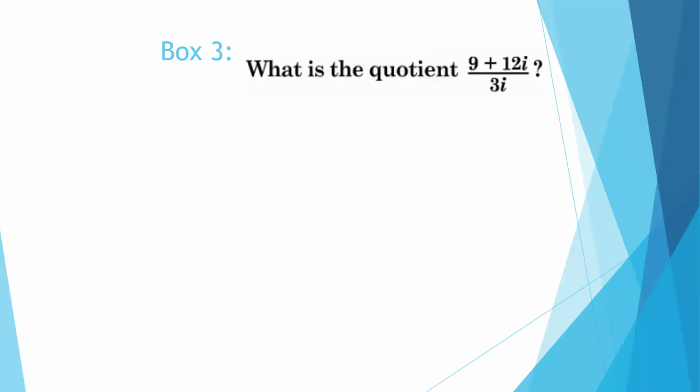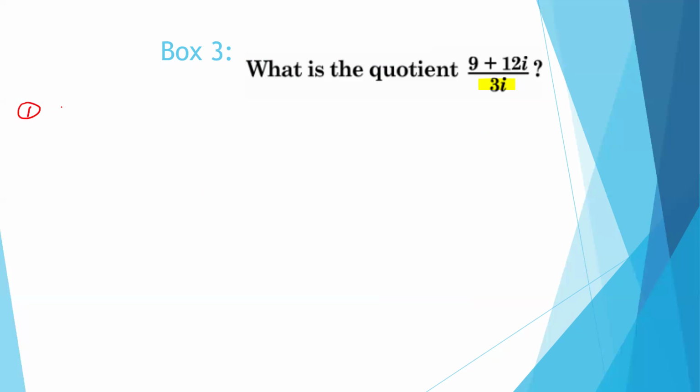Okay, so you're going to write down in box 3: what is the quotient? So we're writing down 9 plus 12i divided by 3i. Step 1 is you're starting with your denominator. So step 1 is to write the complex conjugate of the denominator.